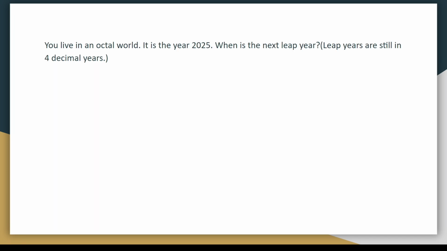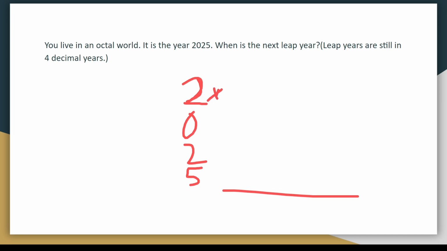You live in an octal world. It's the year 2025. When's the next leap year? Leap years are still every 4 decimal years. So first of all, we have to convert 2025 to decimal to find out how many decimal years it will be. 2025, if you remember from the first video I made, we write it vertically to convert it and then multiply it by the base, which is octal, so it'll be 8.